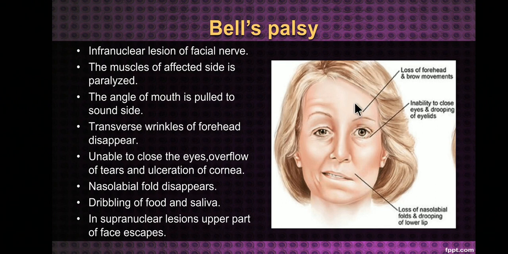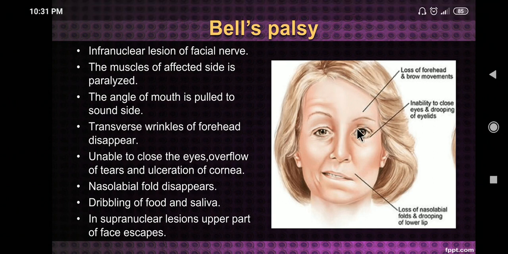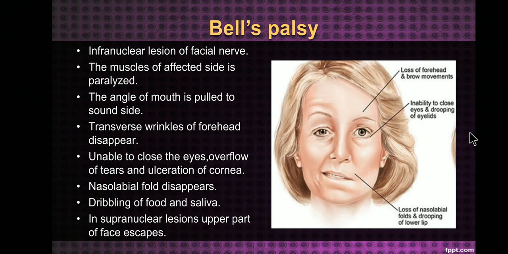The supranuclear fibers from each cerebral hemisphere project to both nuclei. Usually the supranuclear fibers for all the cranial nerves have mainly bilateral projection from both the cerebral hemispheres. Now fibers starting from the pons are actually called the infranuclear fibers.